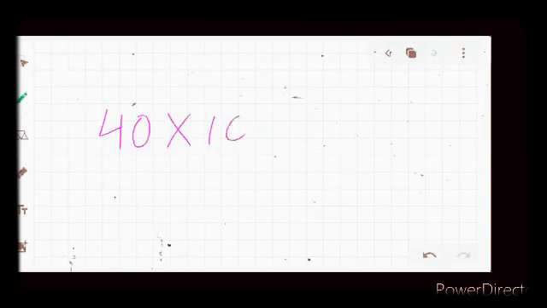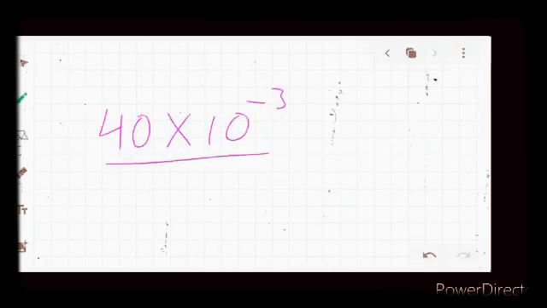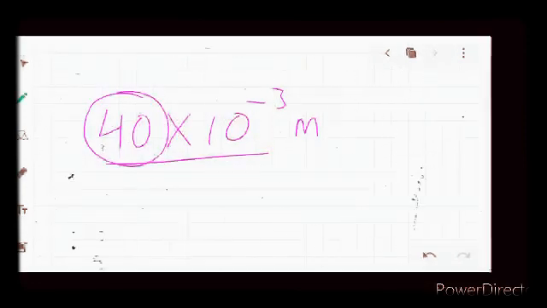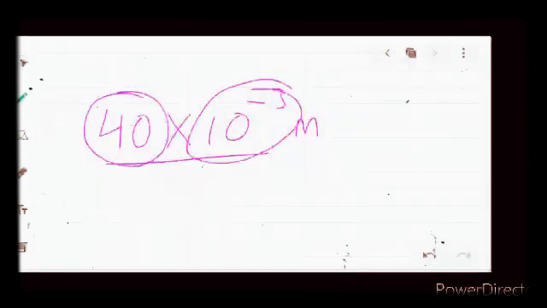Let's take more examples. Let's say we have 40 into 10 to the power minus 3. Let's give a unit, meters. Here it has a unit, so only these two will be significant. Do not consider this one, the multiplier. So if we consider only the first part, 4 and 0 will be significant.